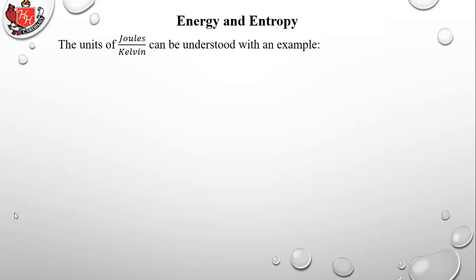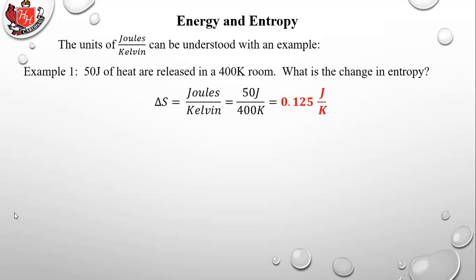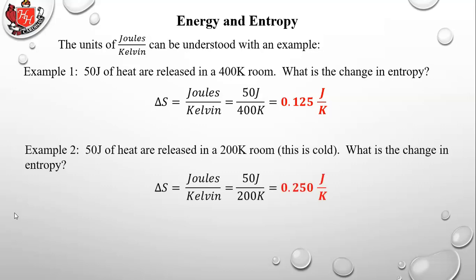Okay, the units joules per Kelvin can be understood with this example. Example 1: 50 joules of heat is released into a 400 Kelvin room. That's pretty hot. What is the change in entropy? So it's 50 joules over 400 Kelvin, which is 0.125 joules per Kelvin. Example 2: 50 joules of heat are released into a 200 Kelvin room. That's cold.